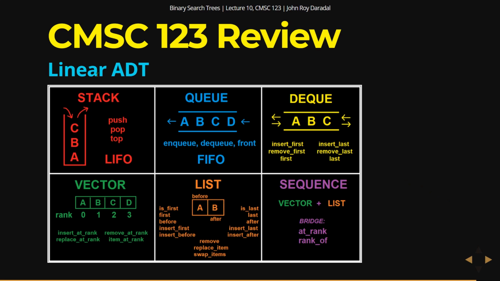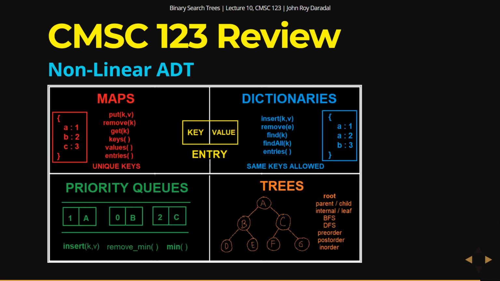And they're called linear ADTs because they have a unique first element, a unique last element, a unique predecessor, and a unique successor. Okay, but if one of those four properties is not met, then they are called non-linear ADTs. And for non-linear ADTs, we discussed four main non-linear ADTs. So the first two were maps and dictionaries, and they both used the concept of entries, right?